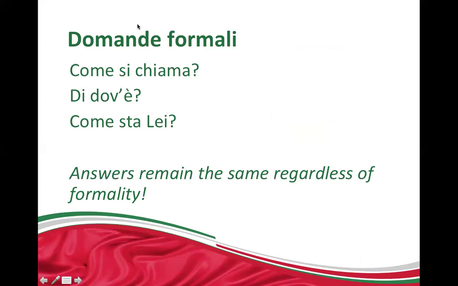And then we learned domande formali, formal questions. Come si chiama? Di dov'è? Come sta lei? Now, you'll notice this lei, the L is capitalized. Lei is she. It's the third person singular feminine pronoun. Literally, how is she?